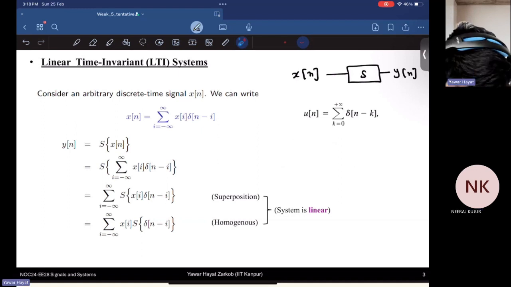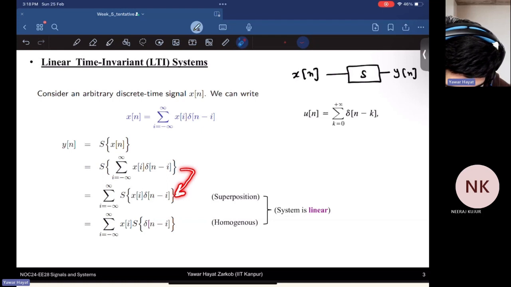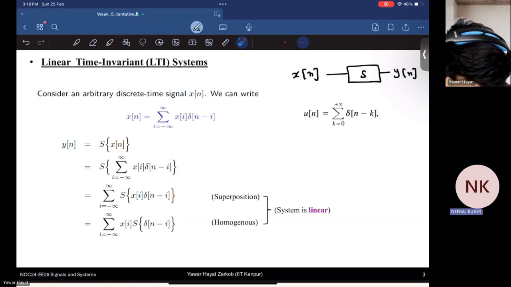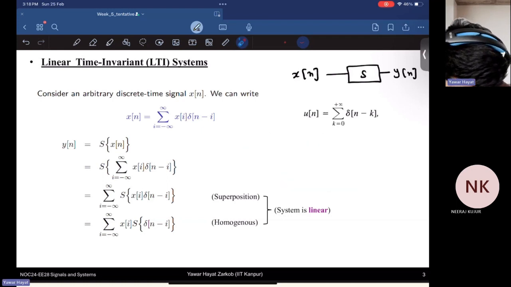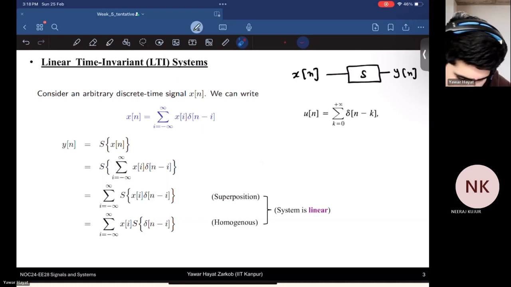So can I replace this by this? Can you see why this readily follows because of superposition? This is technically, if I take your example, S of x1 plus x2, and you are getting y1 plus y2. So this one is fine. What about this?